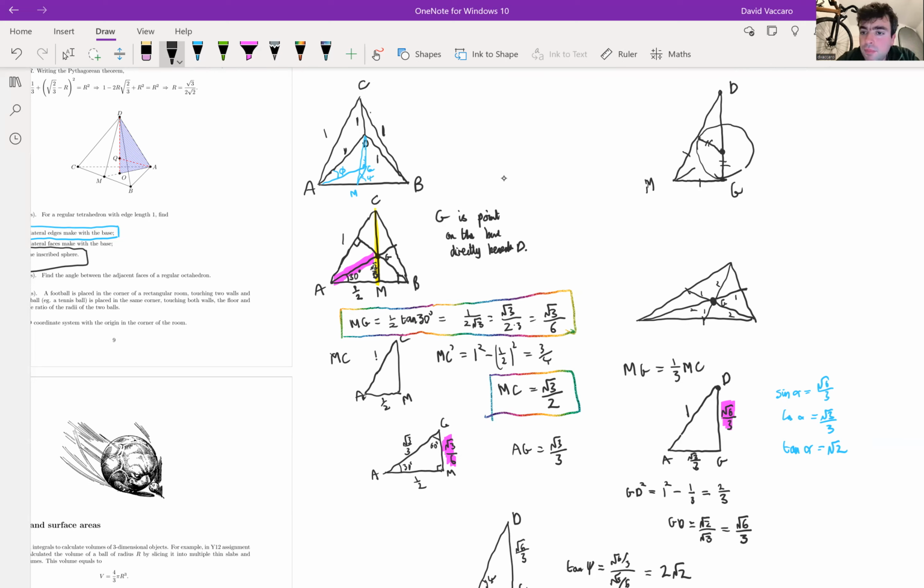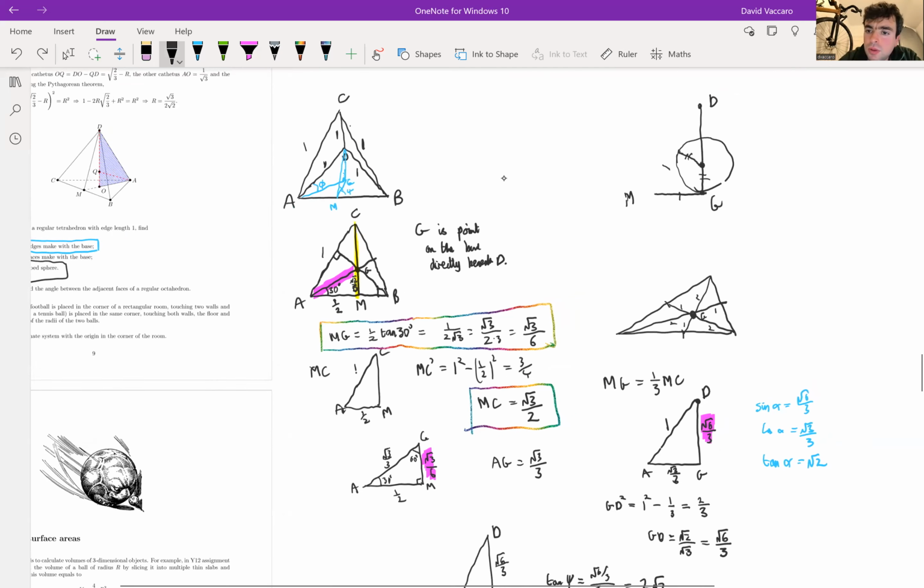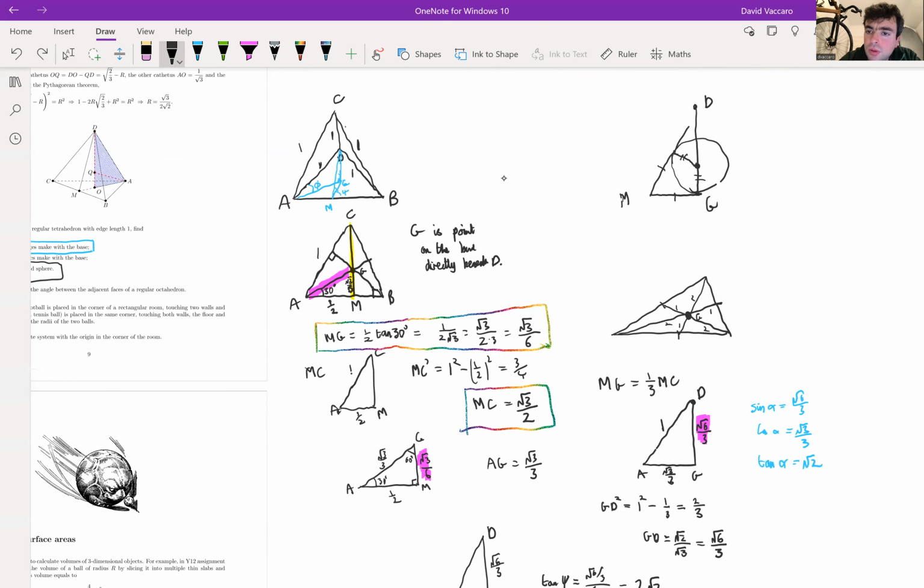Okay, and we know that this angle in here, the tan of it is 2√2.